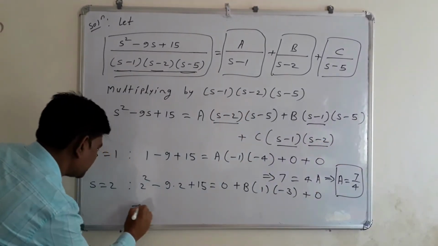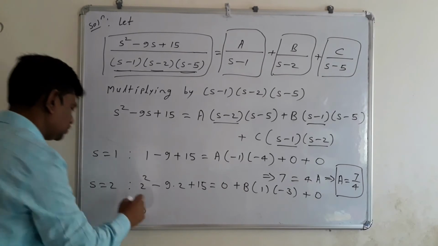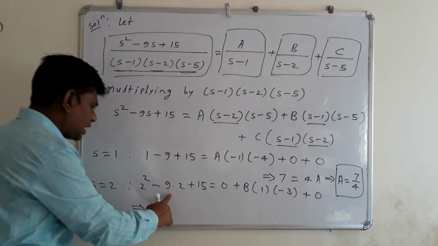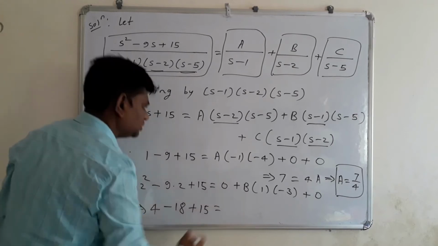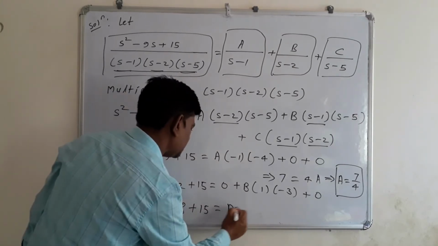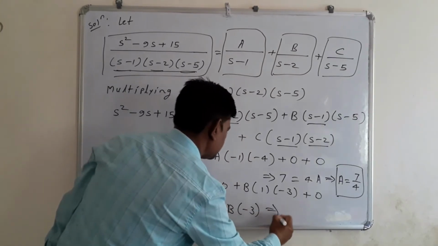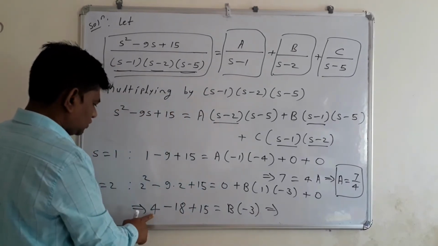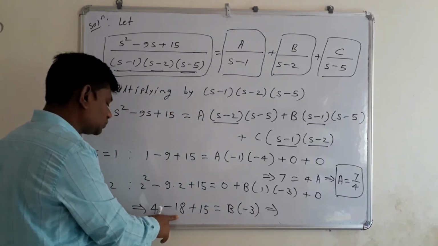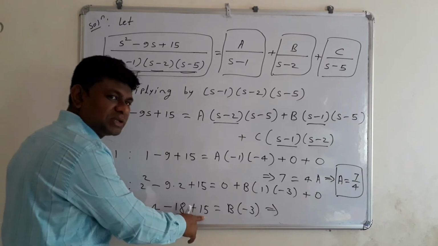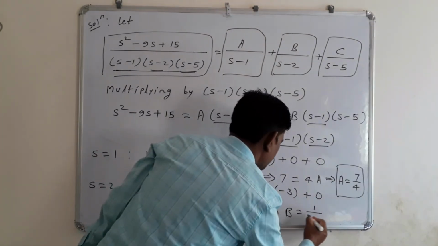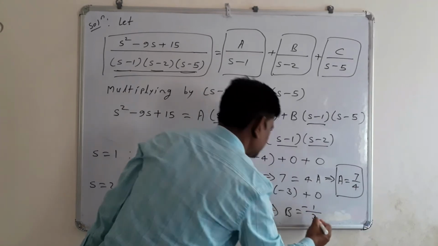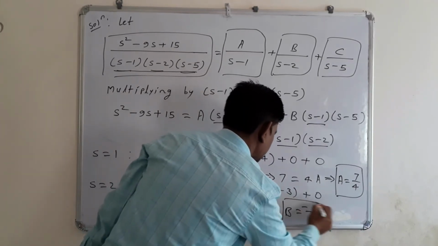This implies that 2² means 4, 9 times 2 means 18, so 4−18 is −14, plus 15 is 1, equal to B times −3. Therefore B is equal to 1 upon −3, meaning −1/3.